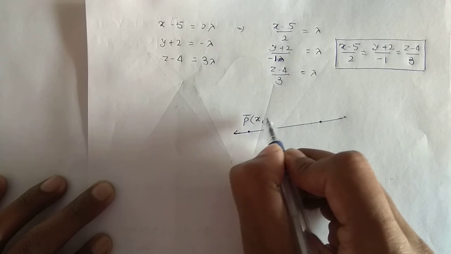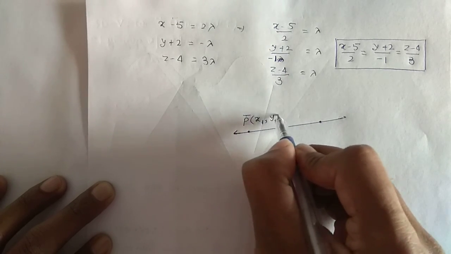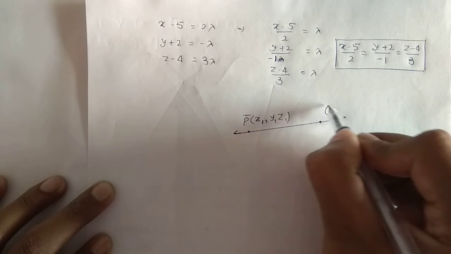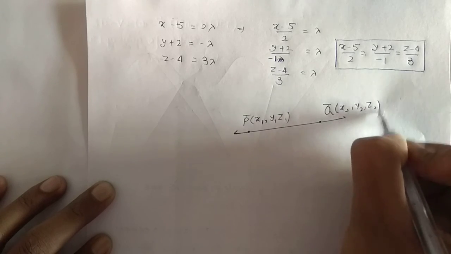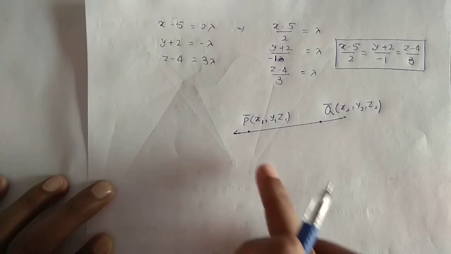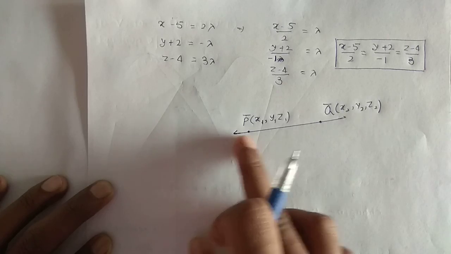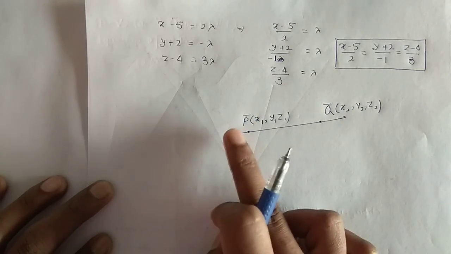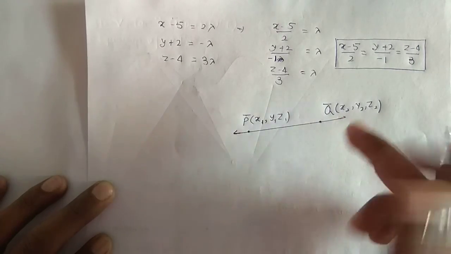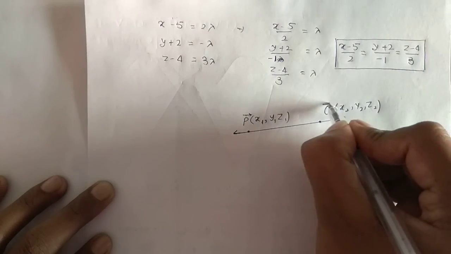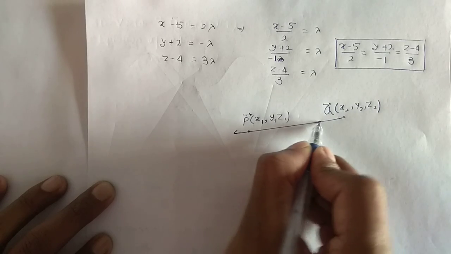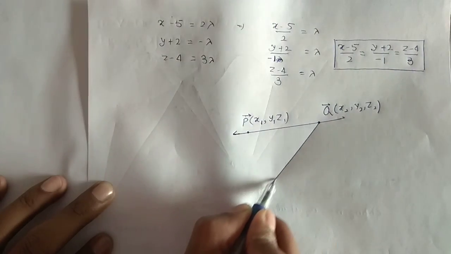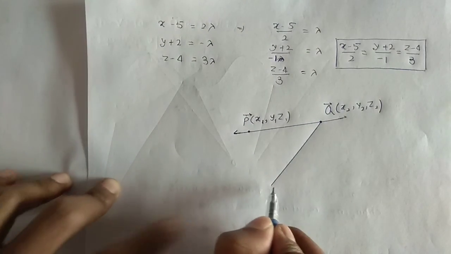Suppose P is (x1, y1, z1) and Q is given. Here is the case of the equation of a line passing through two points. So in this case, suppose it is a position vector and it is the origin here.